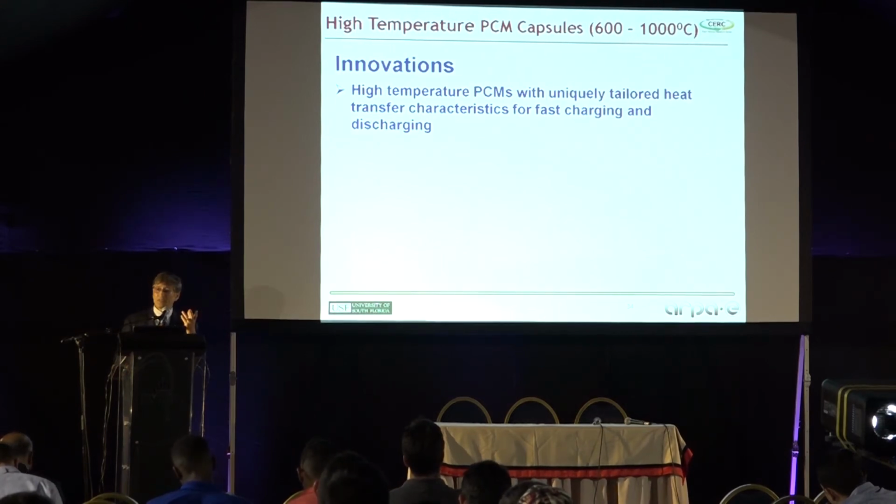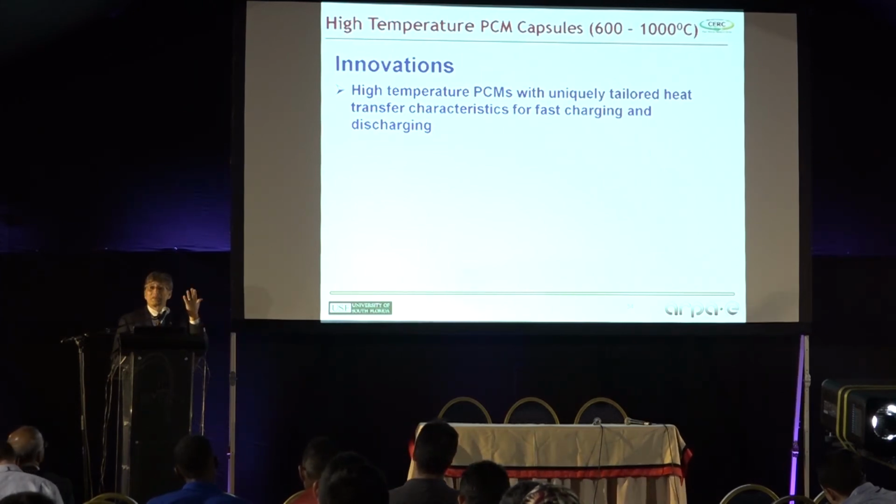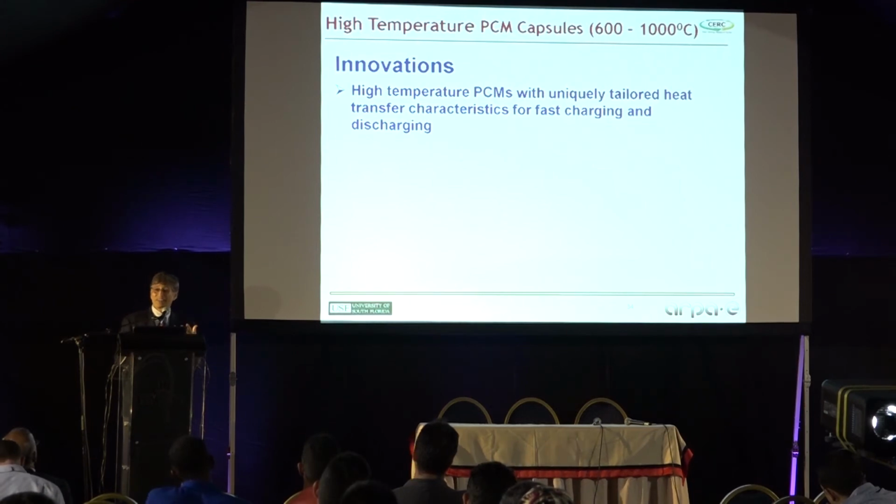These salts that we are using, they are transparent to infrared radiation. Okay. This is something that I had learned back in the 1970s when I was working on a NASA project where we used these salts as infrared windows.